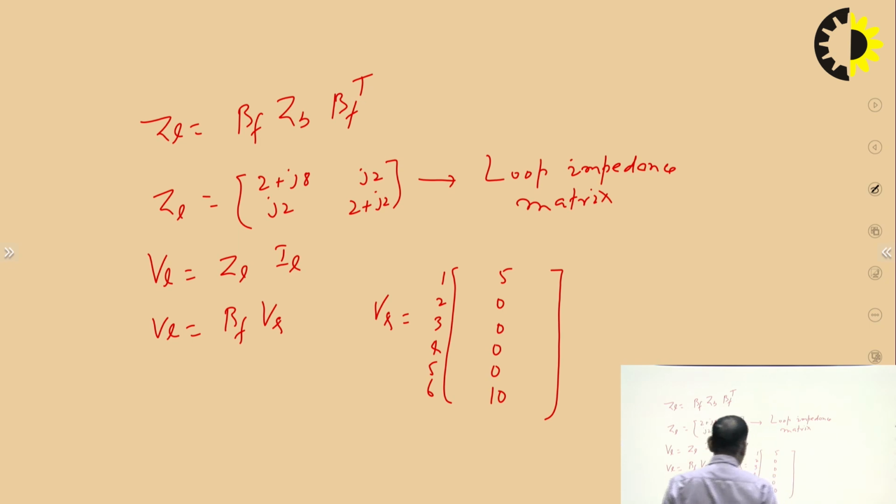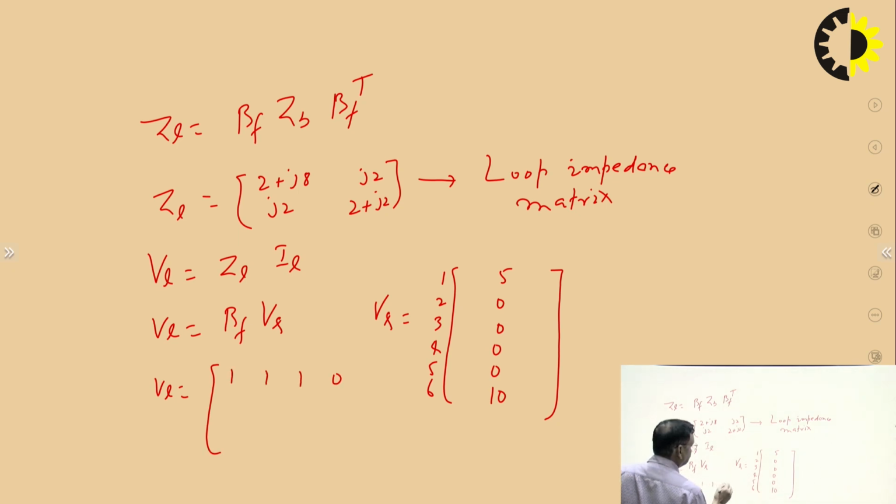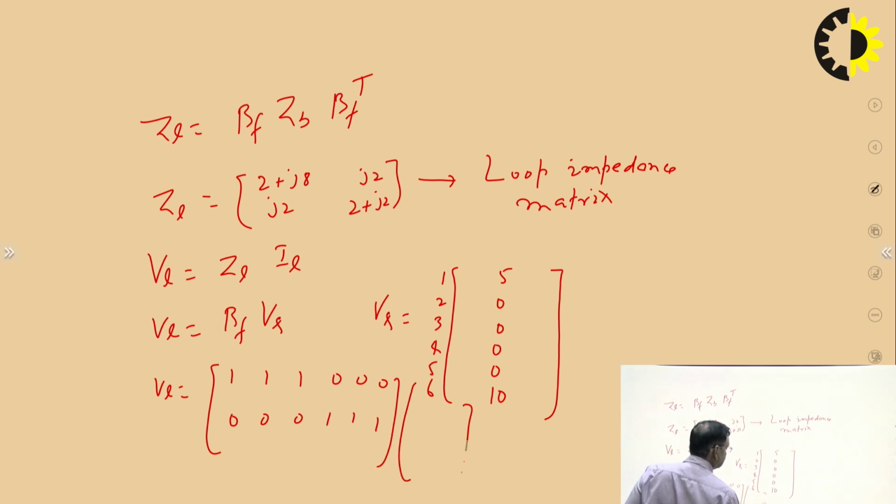We multiply the tie-set matrix, which is 1, 1, 1, 0, 0, 0, 0, 0, 0, 1, 1, 1, with this VS, and we get VL.